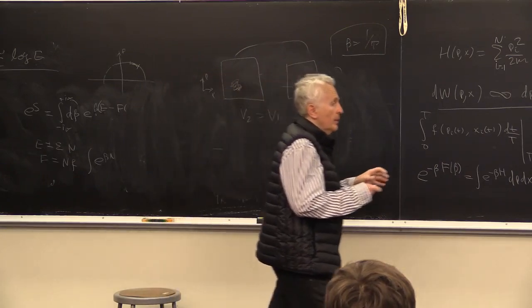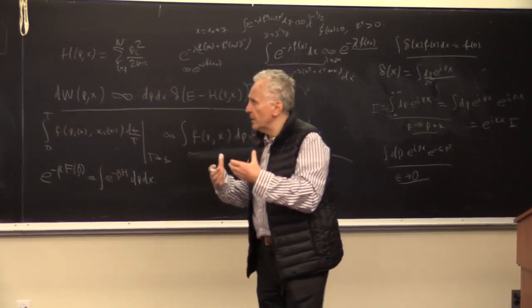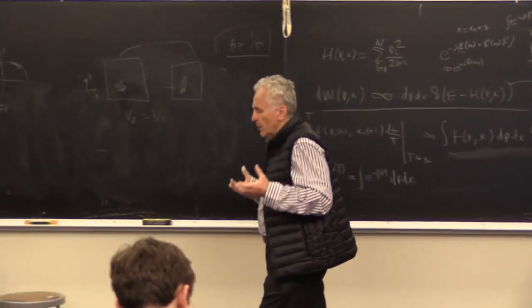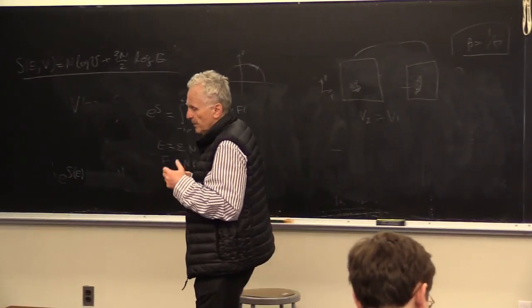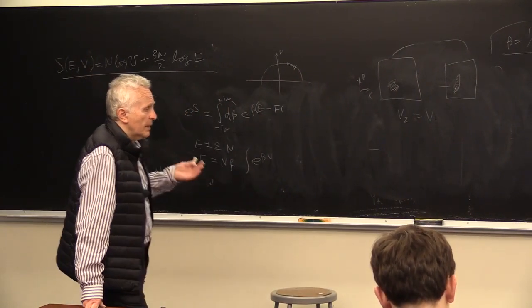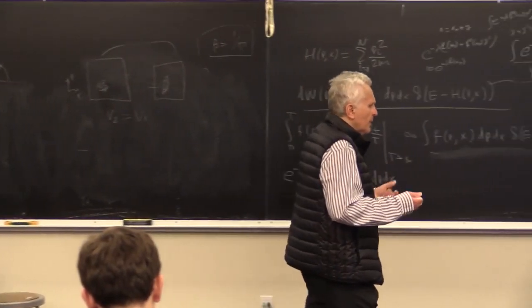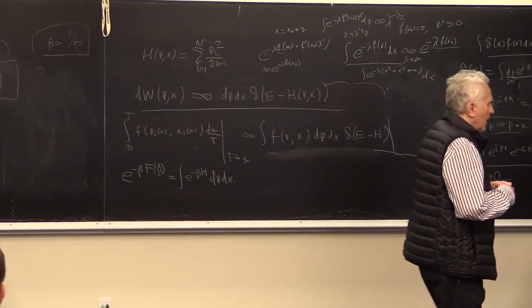At the same time, if we have a system in some initial state, we know that what we call thermodynamical entropy grows. That's the second law of thermodynamics. So how to relate these two things?